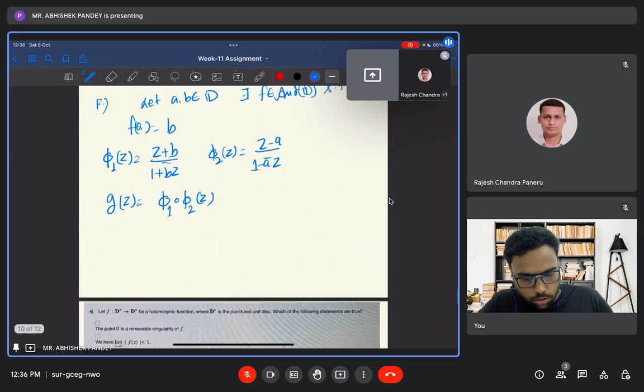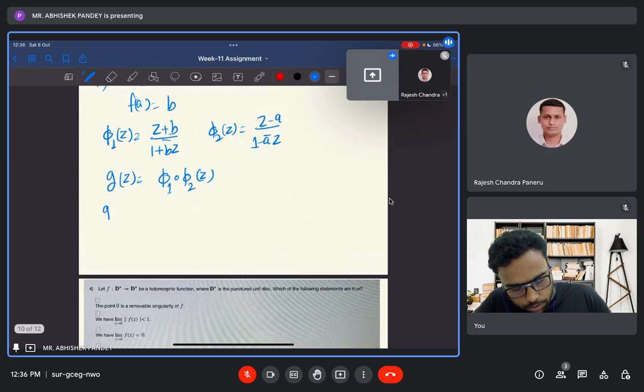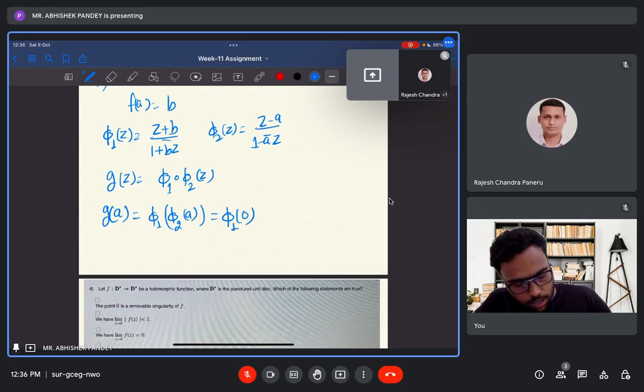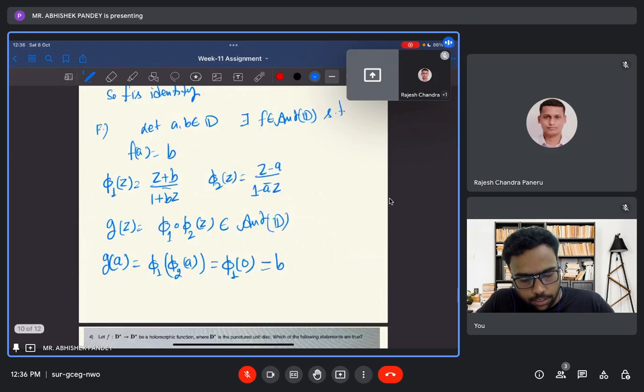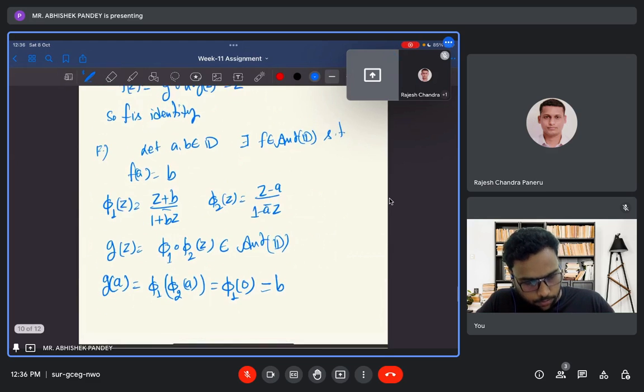Then g of a is phi 2 of a, which is 0, and phi 1 of 0 is b. So g belongs to the automorphism group, because these are automorphisms, so the composition is also an automorphism. Is it clear? Yes, sir.